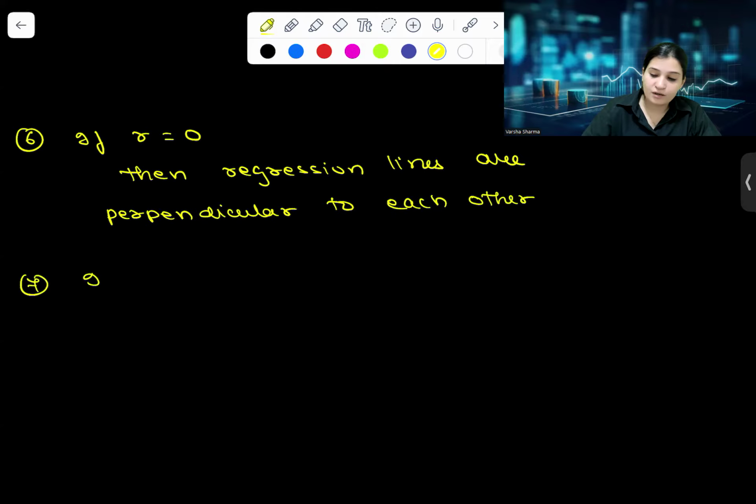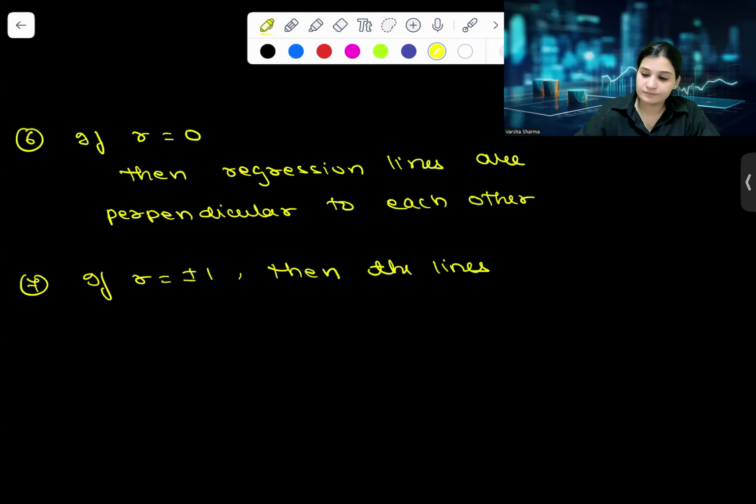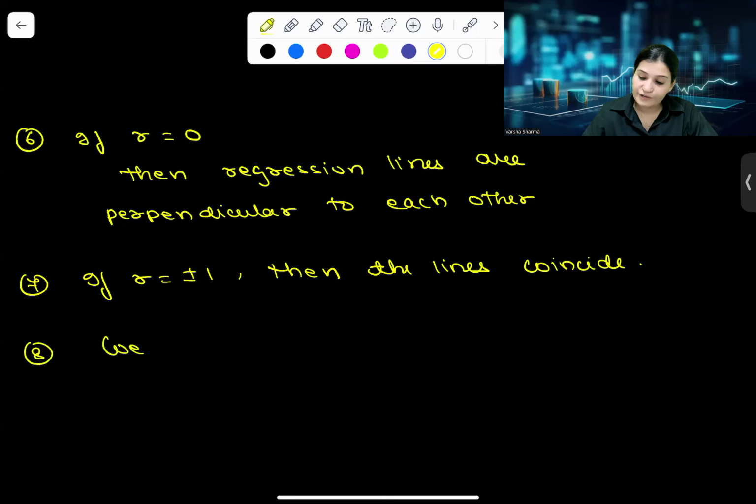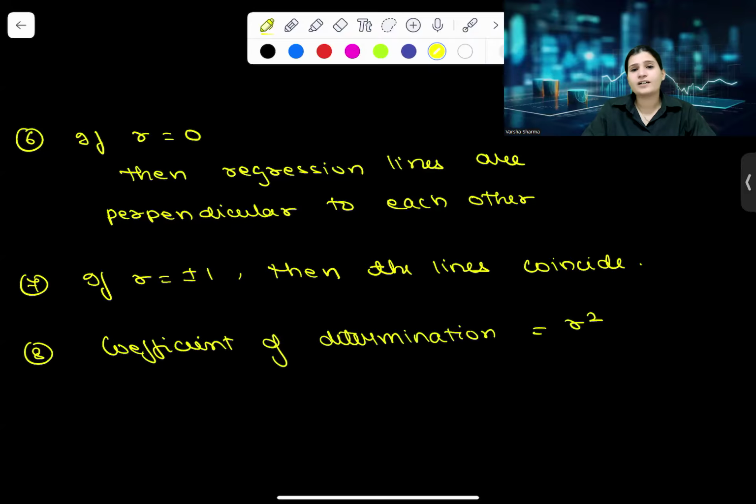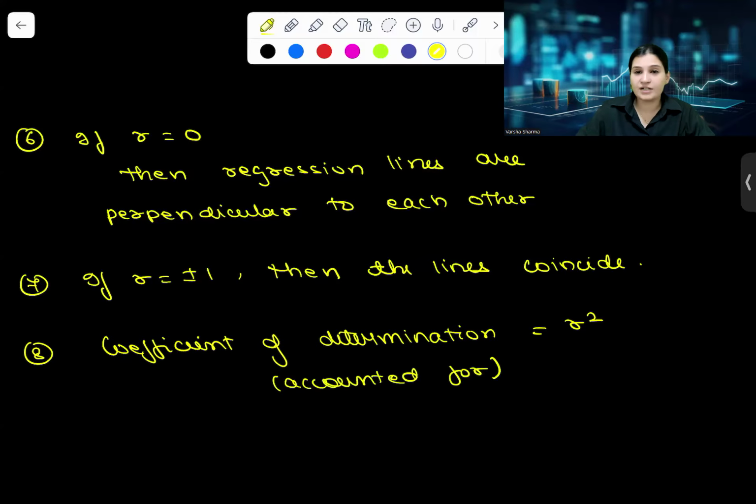If R is 1 or minus 1, that is plus minus 1, then the lines coincide. Then coefficient of determination. This is R square. They can also ask you what is the probability that they are accounted for. And if they ask you percentage, then calculate R square and multiply by 100.